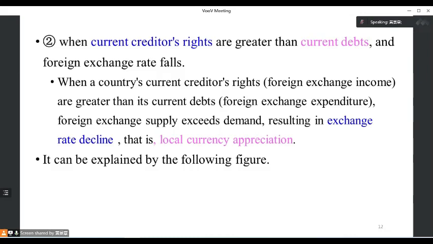That is local currency appreciation, which means local currency revaluation. So this page tells us that in the foreign currency market, when a country gets more foreign currency than its expenditure of foreign currency, it will make the local currency appreciate.